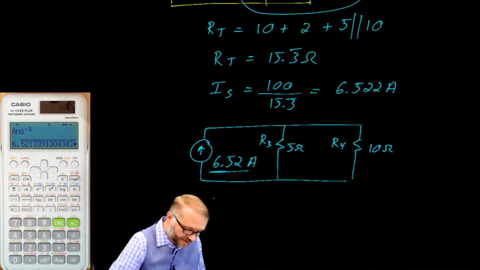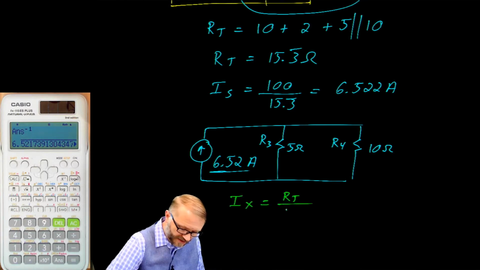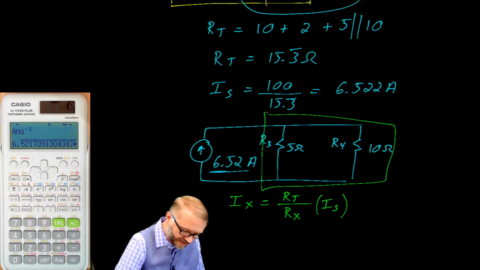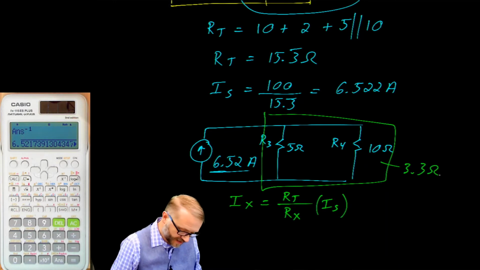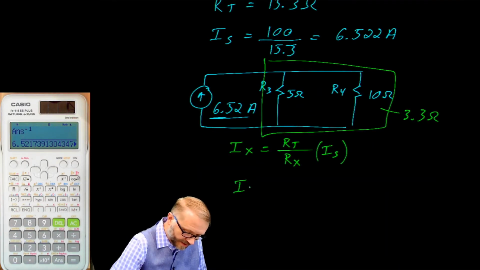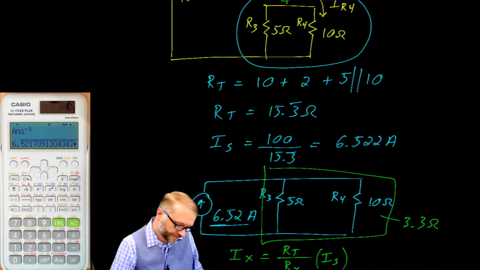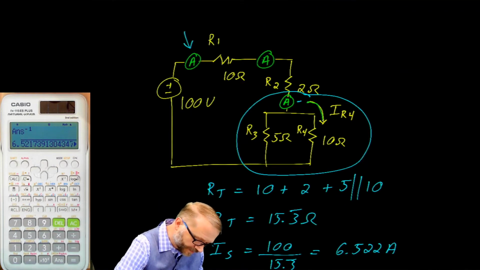To use the current divider rule, we would say the current of interest is the total parallel piece over the resistor of interest multiplied by the source current. The parallel piece is these two, and I believe we already established that as 3.3 ohms. So we would say the current on R4, that is what we were looking for, right? Yep, this current right here.